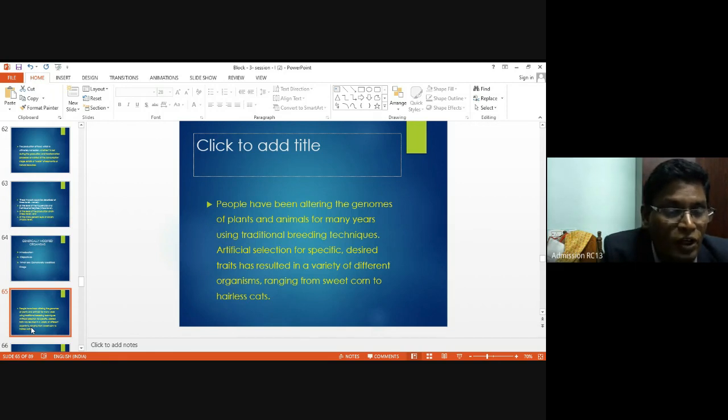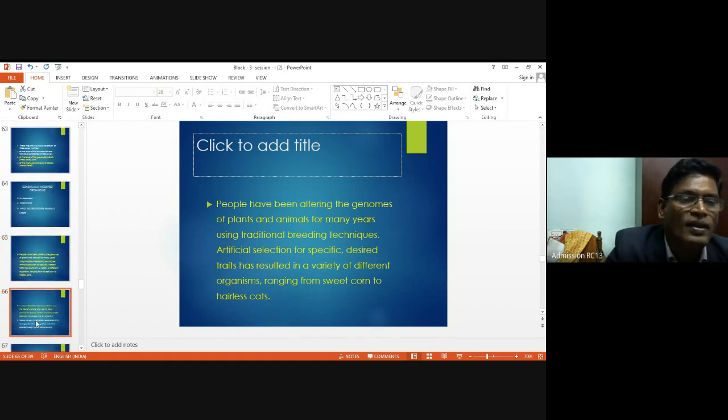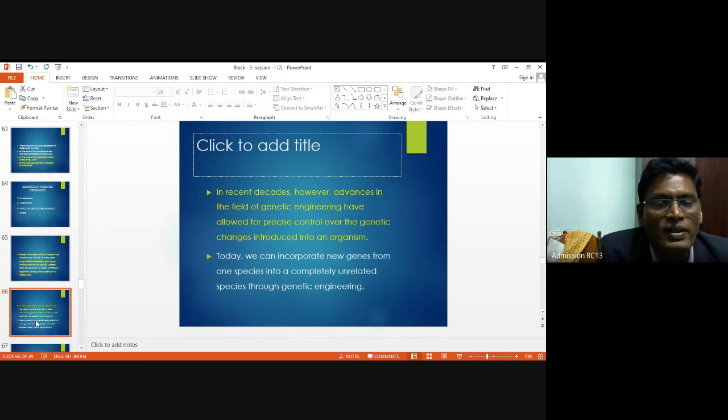If the genes are modified or these biotechnologies are implemented, we can get the desired product. In recent decades, however, advances in the field of genetic engineering have allowed precise control over the genetic changes introduced into the organism.